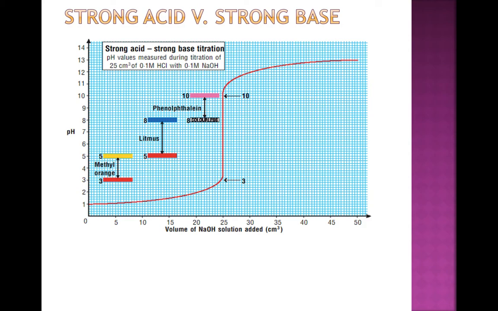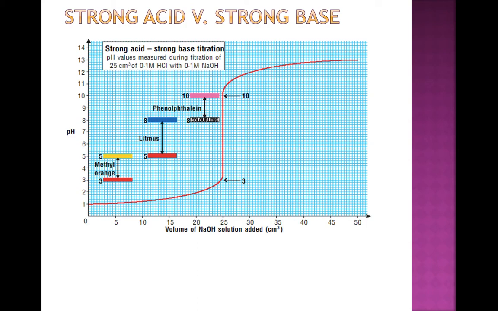Methyl orange will show a colour change, litmus will show a colour change, and phenolphthalein will show a colour change within that pH range of 3 to 10. Methyl orange changes between 3 and 5, so it'll change from red to yellow in this titration. Litmus changes between 5 and 8, so it'll show a change from red to blue.